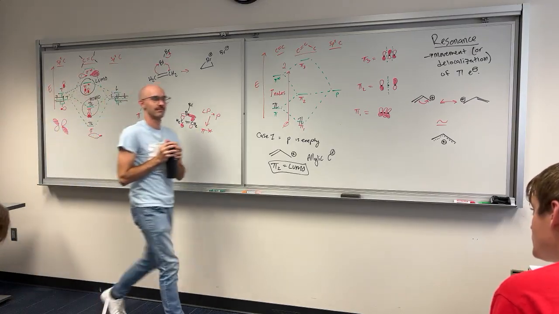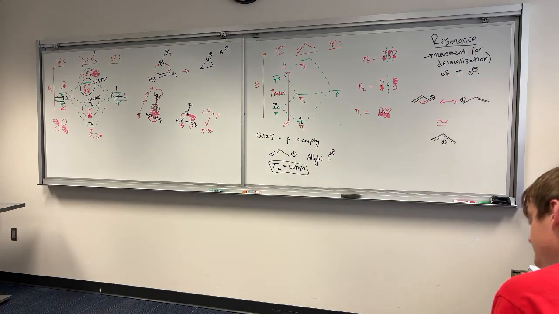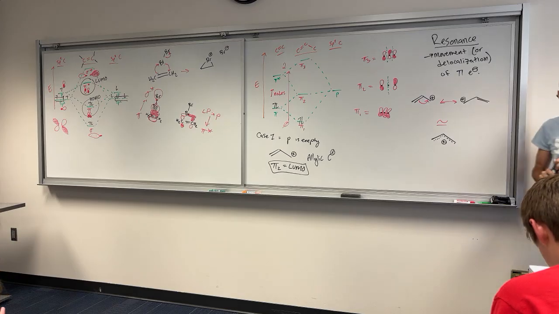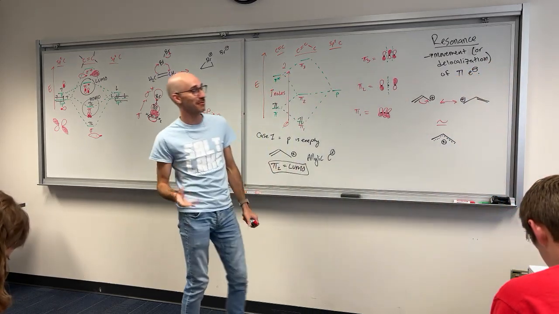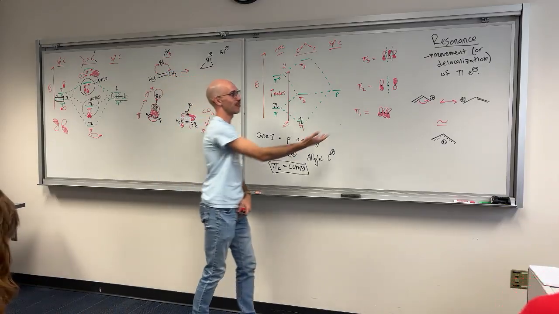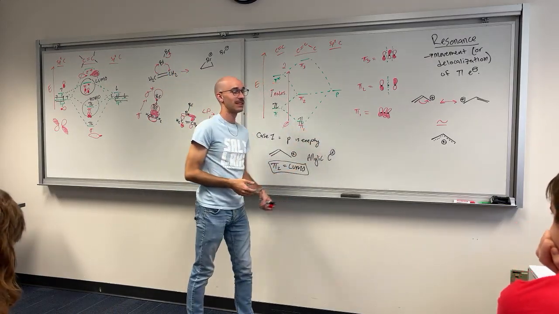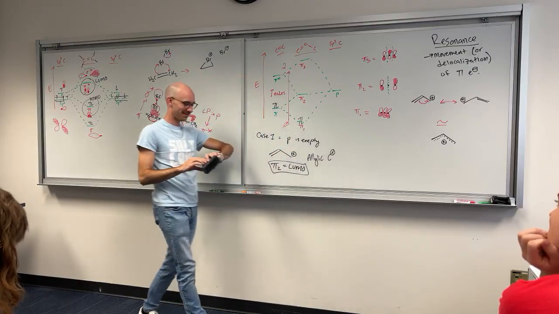Okay, that actually makes sense, because you still have the double bond there. And the double bond isn't moving. The double bond is across all 3 atoms. Lewis dot structure just can't show that.